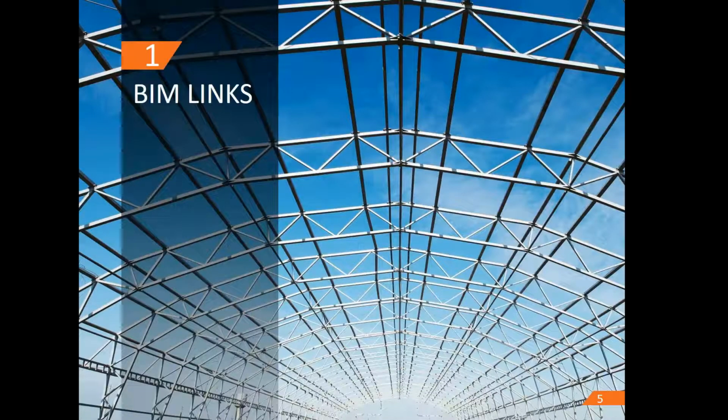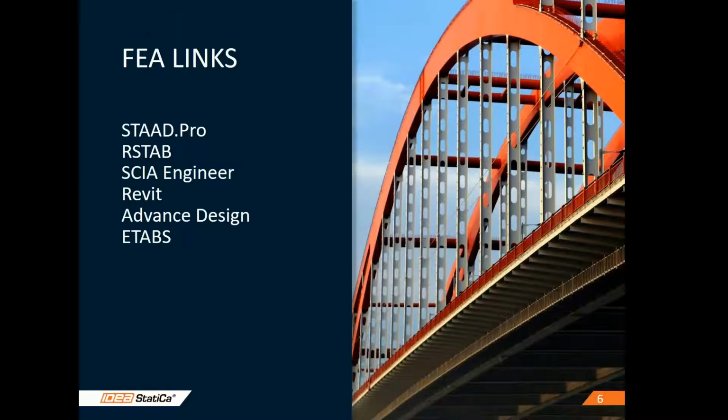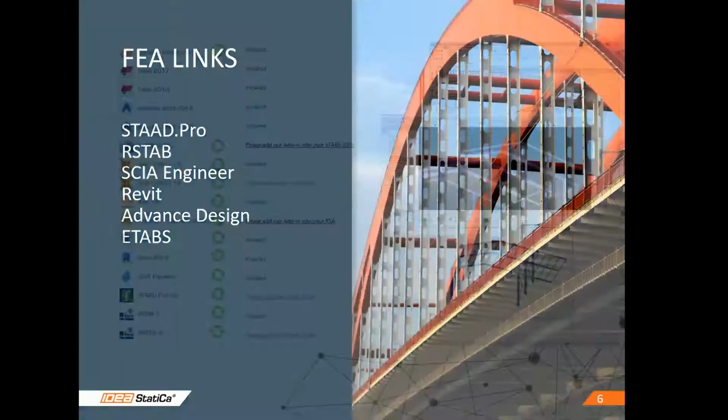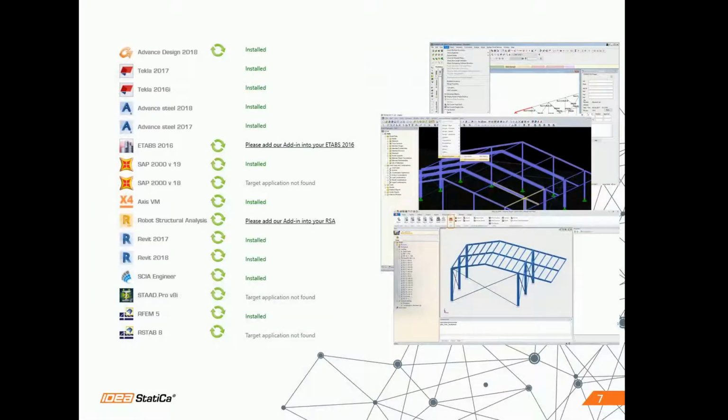We spent a lot of resources to improve the beam links. This year, we created new finite element analysis links, for example, StatPro, RStab, Revit, Advanced Design, ETABS, and so on. But the major improvement was in the update function.